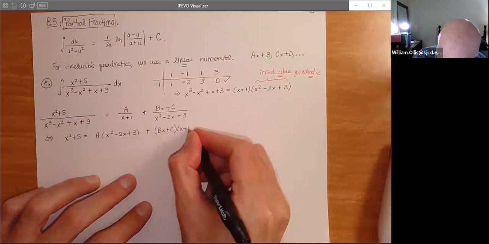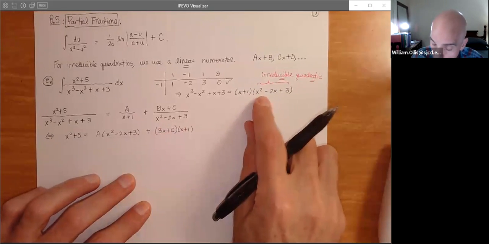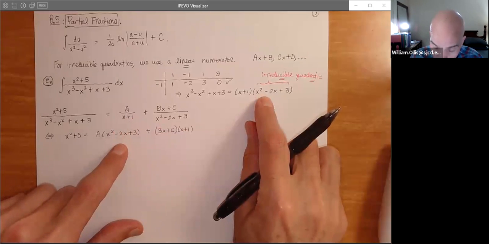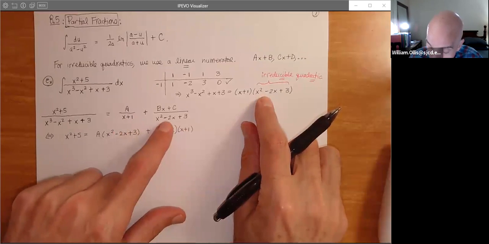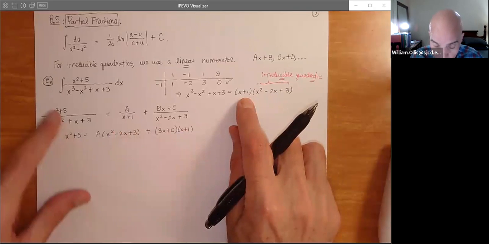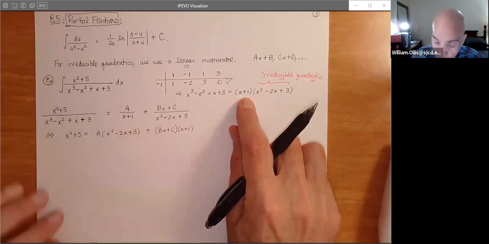So now when we multiply both sides of the equation by this, we see that the x plus 1 absorbs and leaves us with the quadratic. And here the quadratic absorbs and leaves us with the linear. And then, of course, over here, we just have the numerator x squared plus 5.